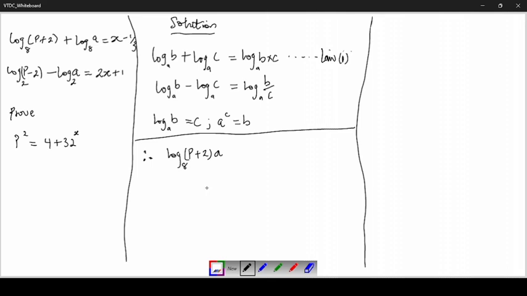That's what law 1 was trying to explain, and then it is equal to x minus 1 over 3. Then I'm going to apply law 2 in equation 2.